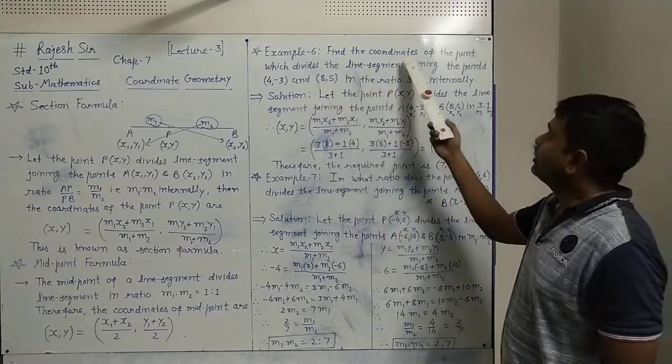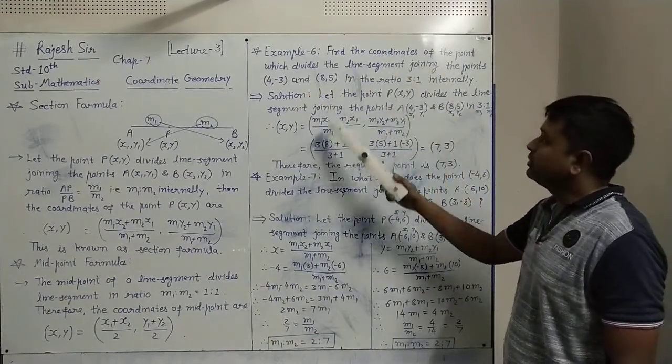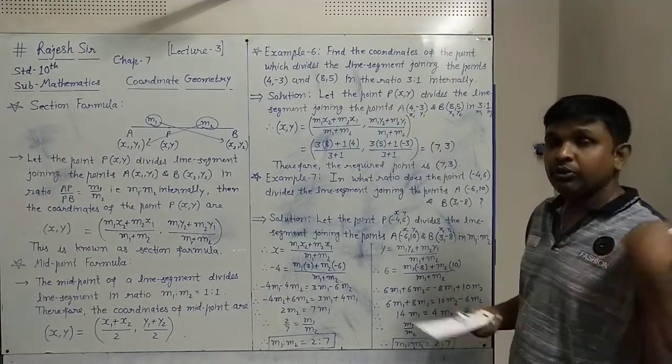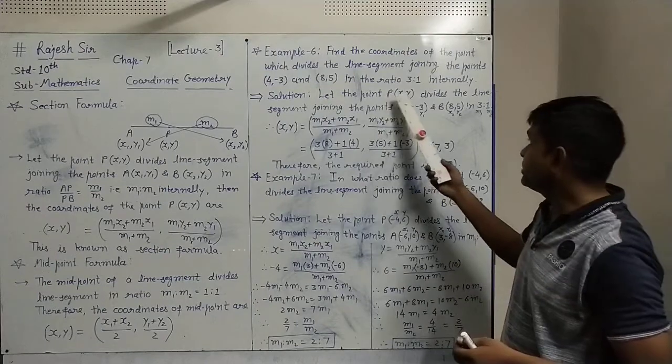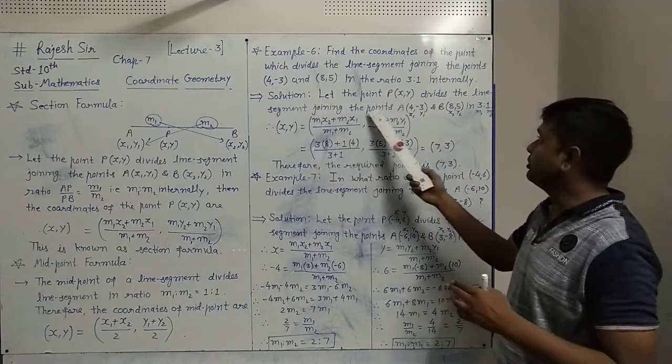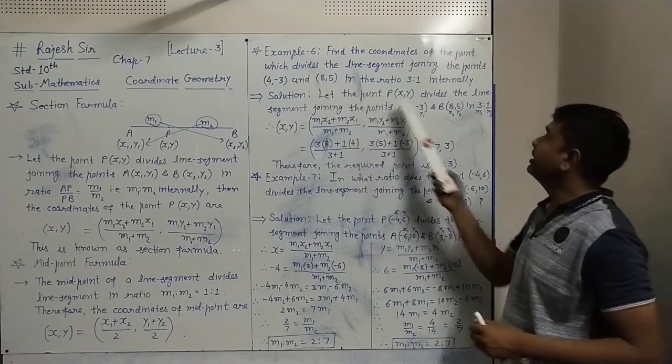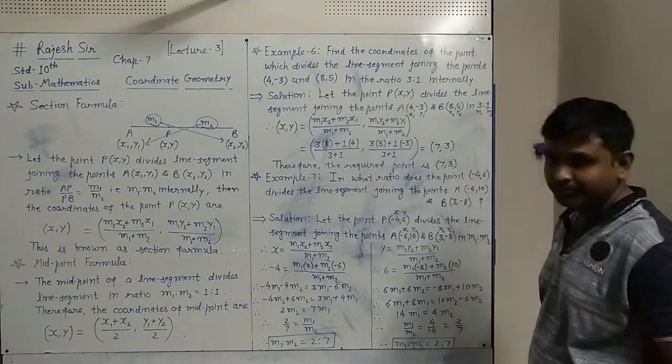solution. We want to find the coordinates of the point which divides. So let the point P(x, y), the point which we want to find, divide the line segment joining the points A(4, -3) and B(8, 5) in the ratio 3 is to 1.